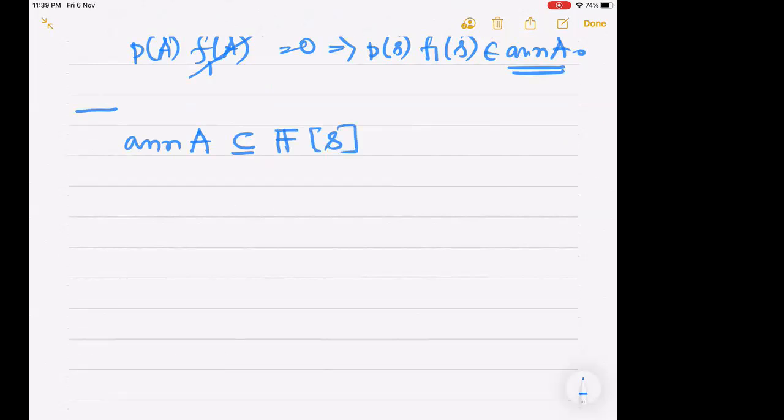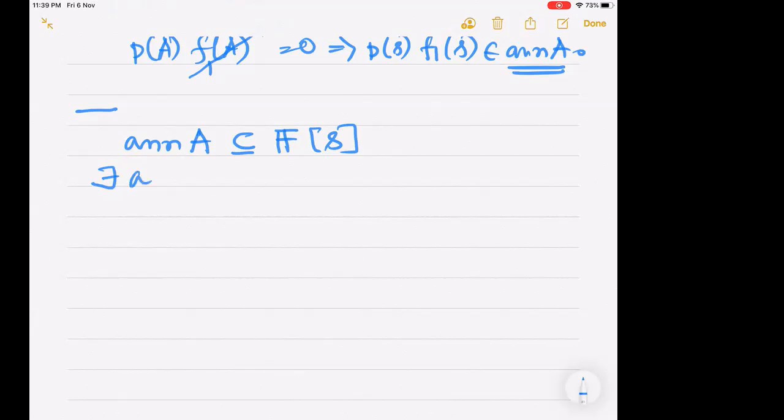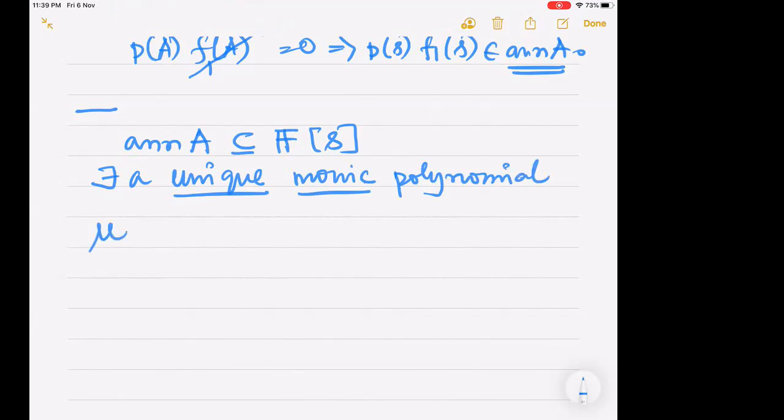So that means there exists a monic polynomial, a unique monic polynomial, let's say mu(s) in F[s], such that N_A is equal to the ideal generated by mu.